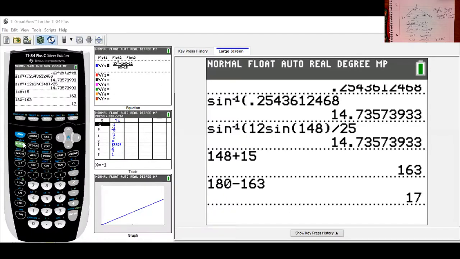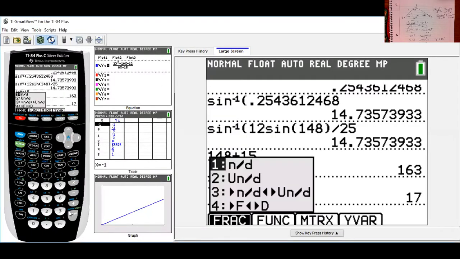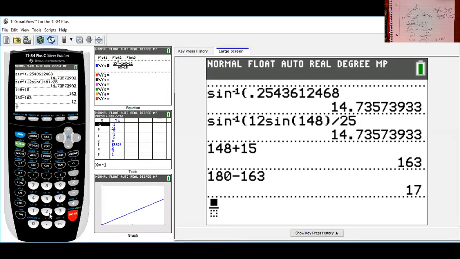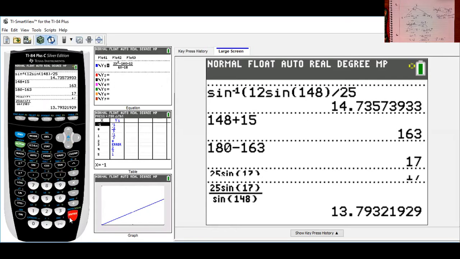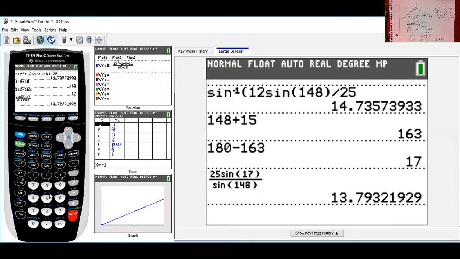There we go. This time, x equals 25 sine of 17 divided by sine of 148. And I believe it said to round to the nearest tenths place on the side, so that would be 13.8.